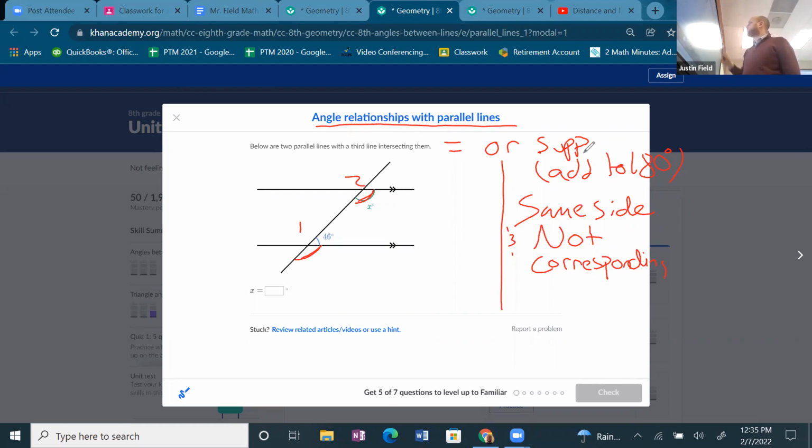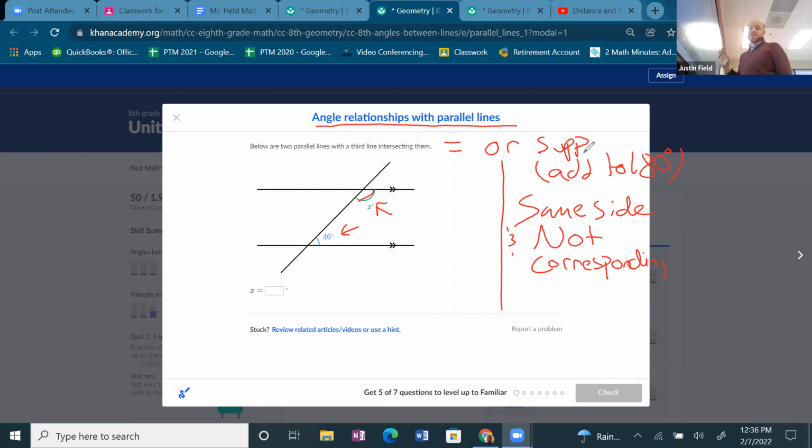Also, these angles would be corresponding. So the corresponding angles are on the same side, but these angles are on the same side, but they're both in the interior. So they're not corresponding.